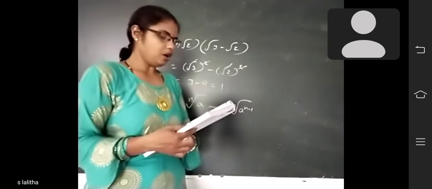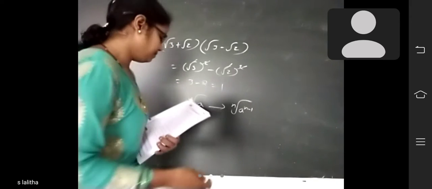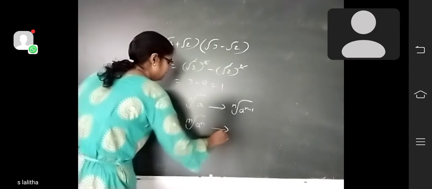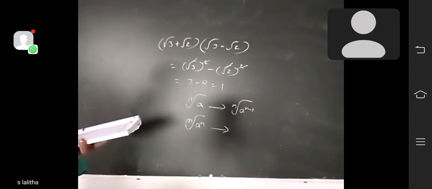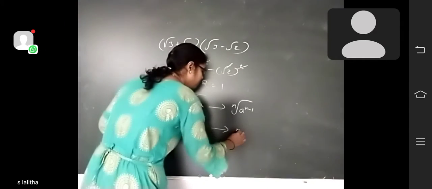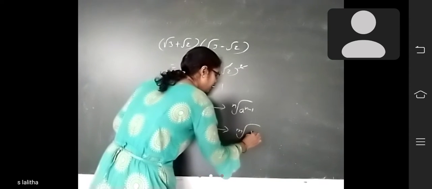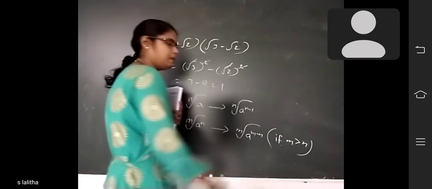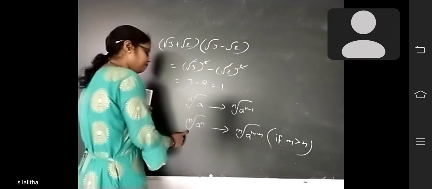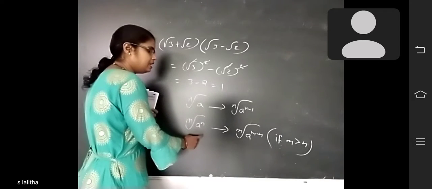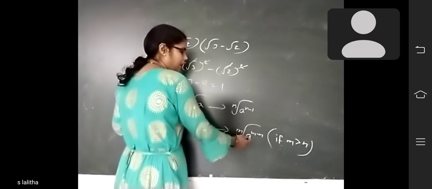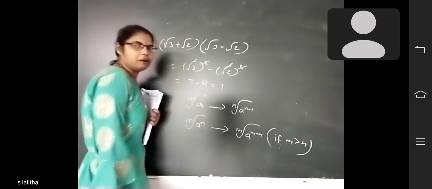If mth root of a power n is a surd, what is the rationalizing factor for that one? If m is greater than n, then mth root of a power n is a surd, and its rationalizing factor is mth root of a power m minus n.